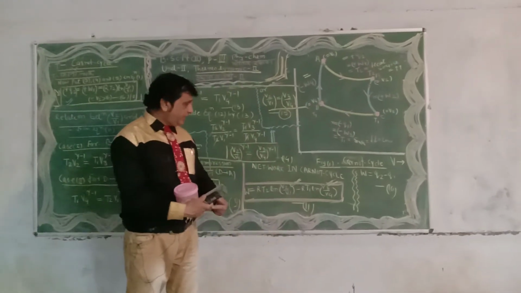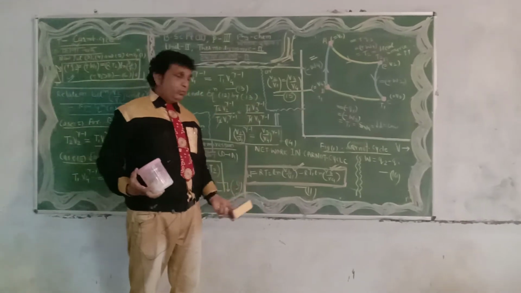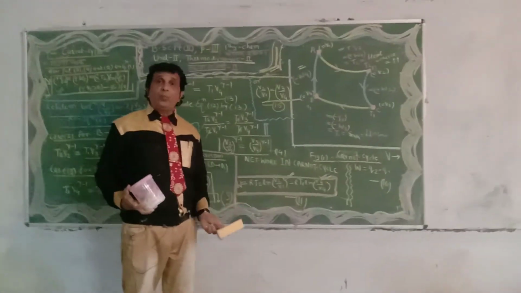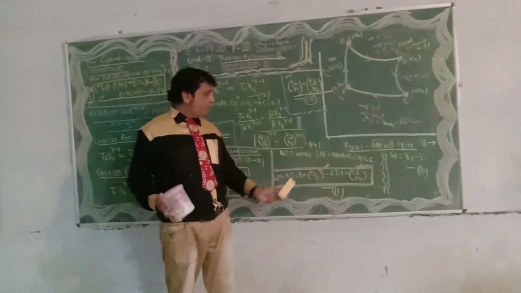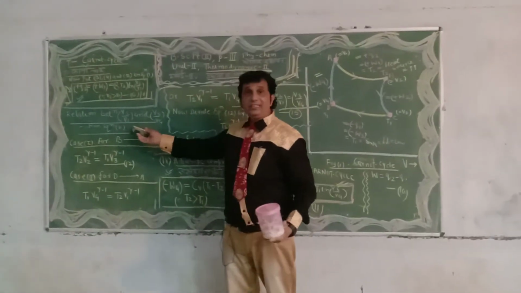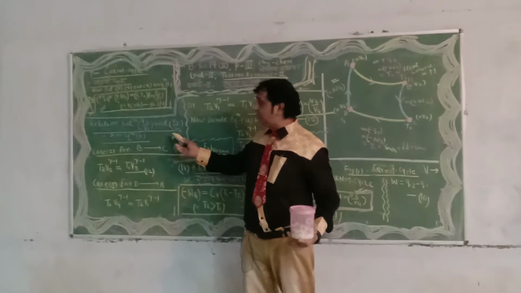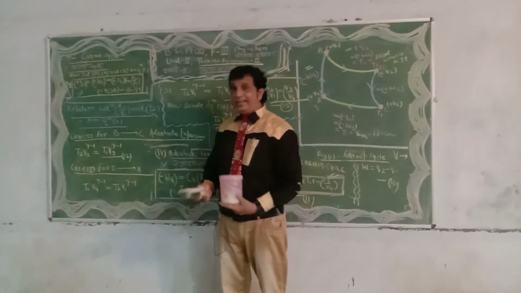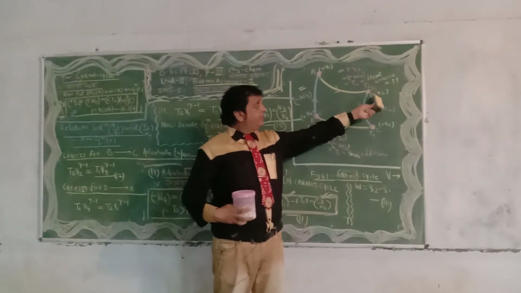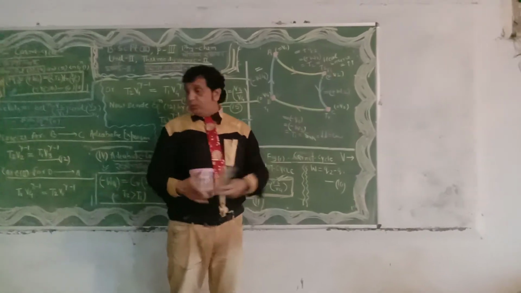Dear students, yesterday, look at the blackboard here. The total work done in a whole cycle we calculated in equation 11. Now what is the quantitative relation between V2 upon V1 and V3 upon V4? To establish this relation, we select the adiabatic condition B to C, having temperature T2 at the point B and volume V2.